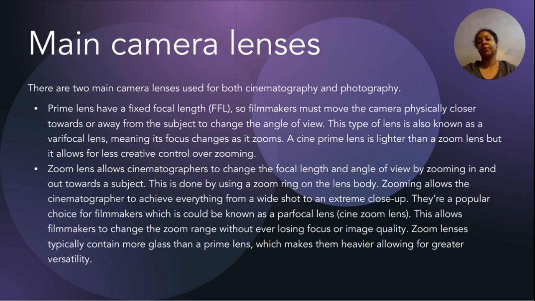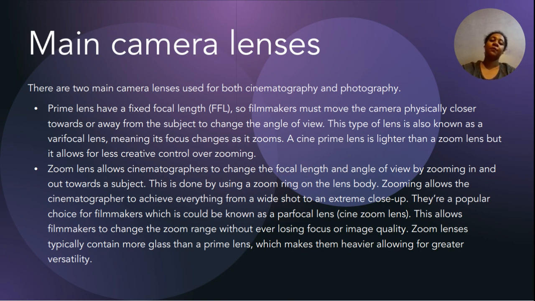The main camera lenses are used both in photography and cinematography. The prime lens and a zoom lens could be considered similar because they're both used in cinematography and photography, but I will explain the difference.